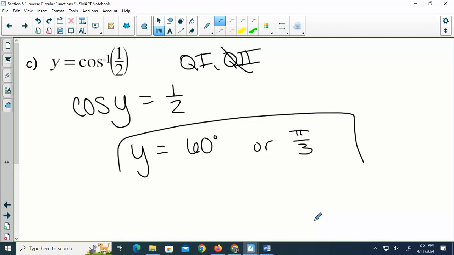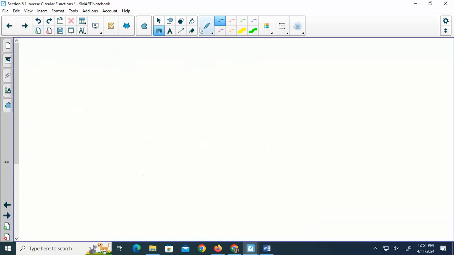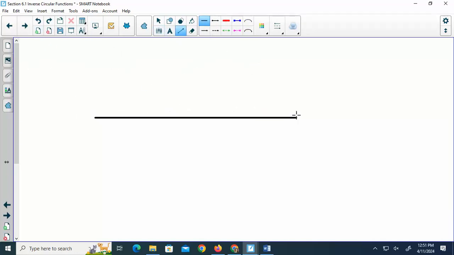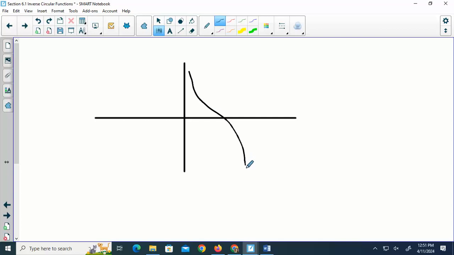Let's talk about the next one, tangent. So when we graph tangent, if it helps you remember, we do have a handout somewhere with all the graphs on there. But tangent looks something like this.